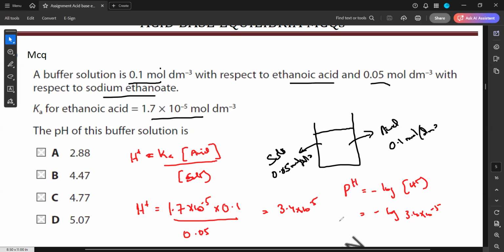So pH equals 4.47, and we got B as the right answer. This is a straightforward question related to a buffer solution. They already give you the concentrations and you just have to work out the pH. Is this example clear?